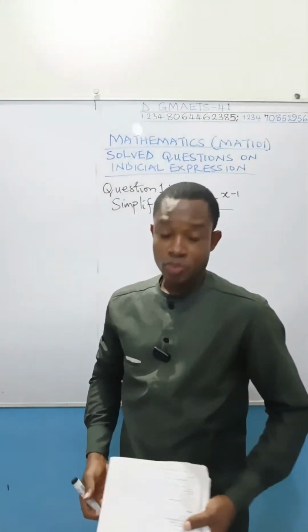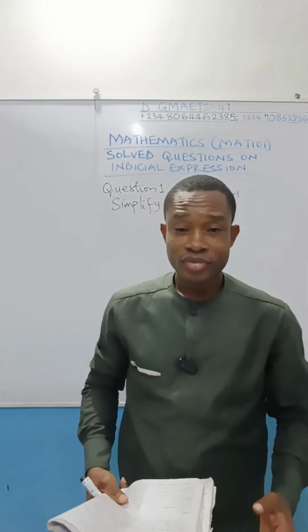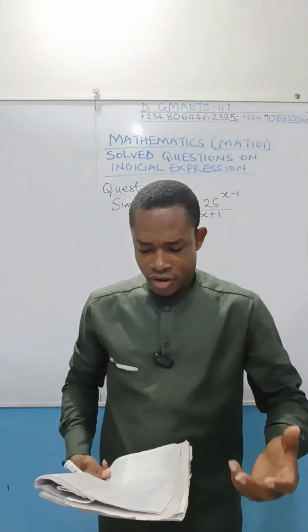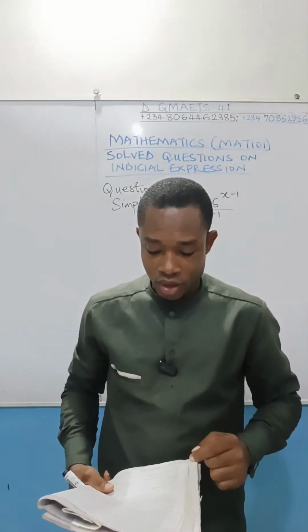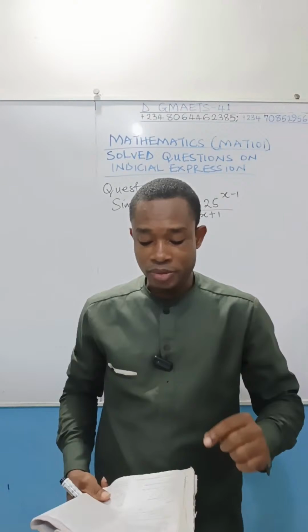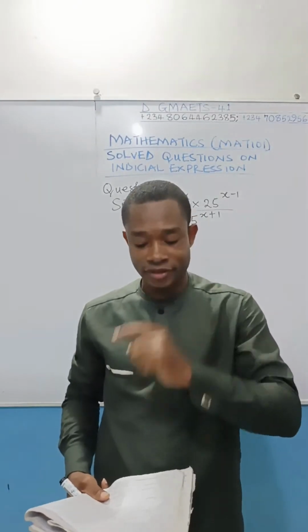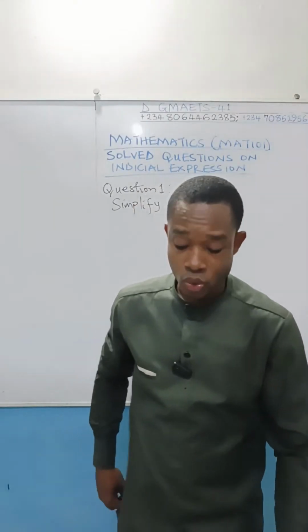We have options provided. I'll just dictate the options. Option A, 5 raised to the power 2x minus 1. Option B, 5 raised to the power x plus 2. Option C, 5 raised to the power minus 5. Option D, 5 raised to the power x plus 1.